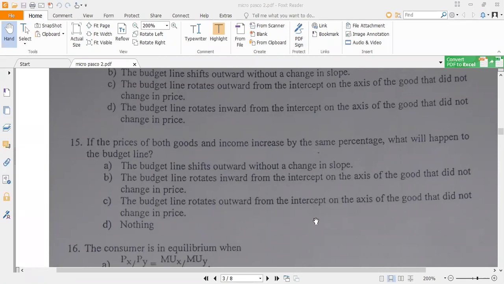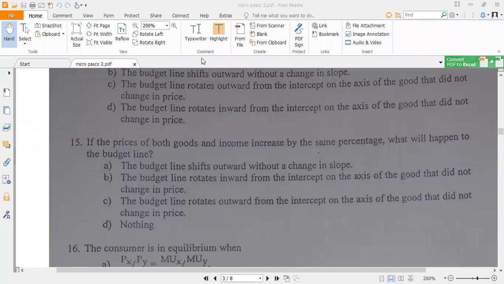What it means is that if income and the prices move in the same direction and by the same percentage, there will be no change in the consumer's demand at all. So if income should increase by 100%, and the price of the two goods should increase by 100%, there will be no change in the budget line at all.